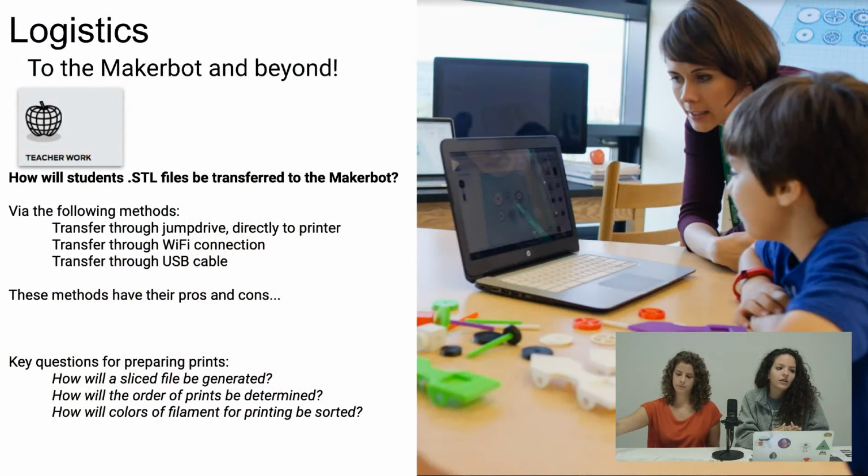But there are other ways to do it. Say the printer's a little bit far away, or say it's at the library, you can connect to the printer through a Wi-Fi connection if you've connected to it before. So you can send your sliced STL file to your printer through Wi-Fi, through the cloud. Another way to do it is using a USB cable that hooks up directly from the printer to the computer.